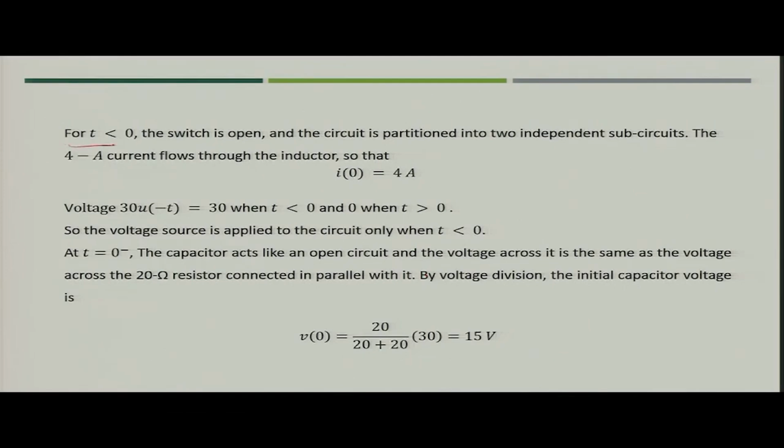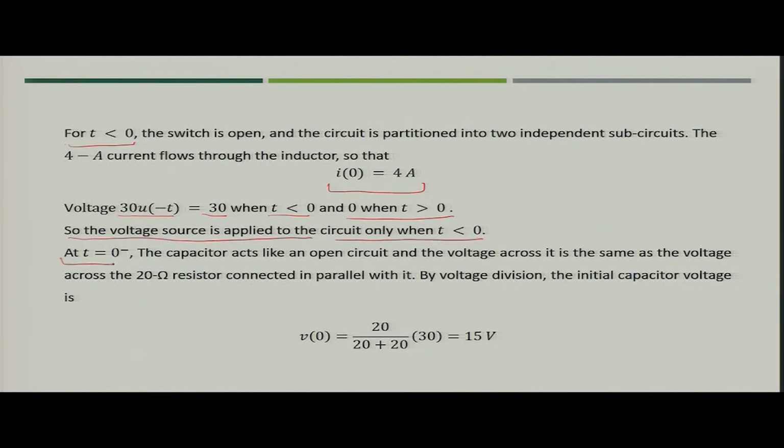For t less than 0, the switch is open. So, we found that the initial current flowing through the inductor is 4 ampere. Now, 30 u(-t) is equal to 30 when t less than 0 and 0 when t greater than 0. So, the voltage source is applied to the circuit only when t less than 0.